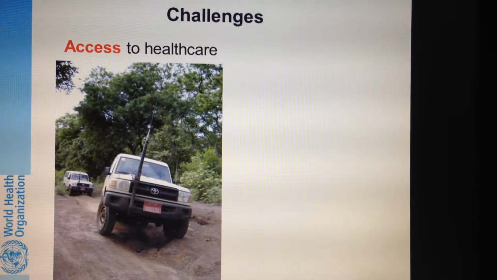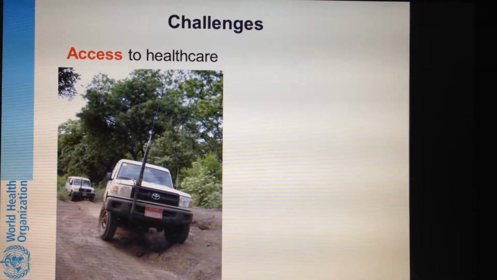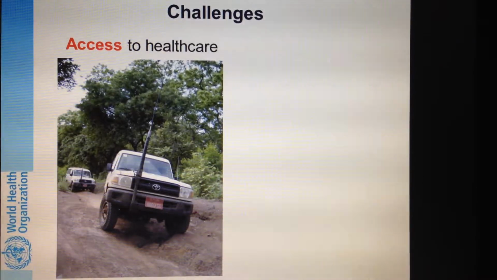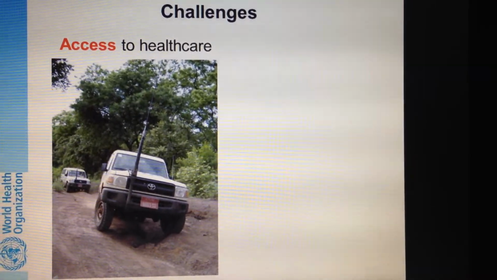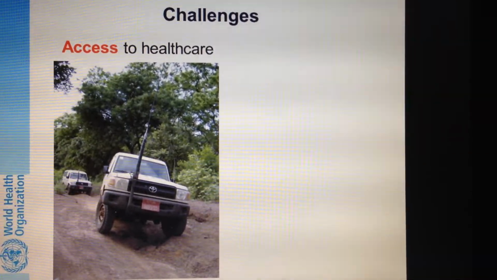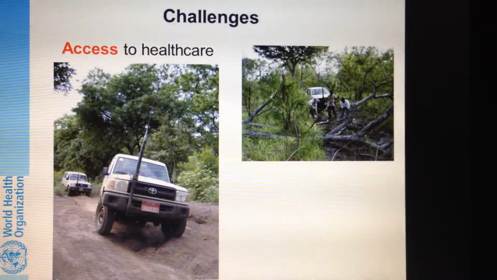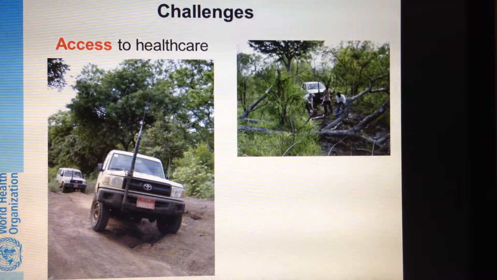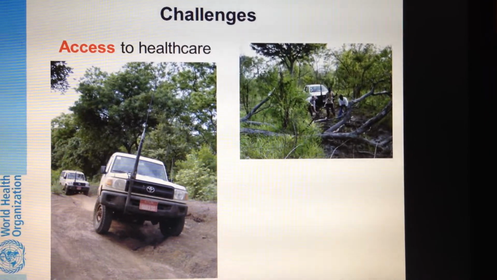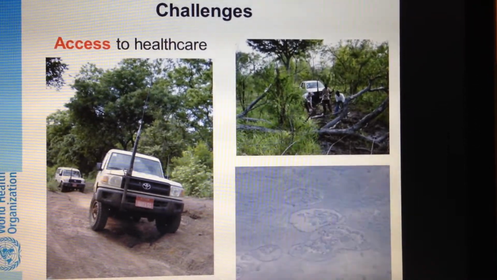This is one of the roads in South Sudan where we used to conduct active case search, active search of patients. We were going to the villages to look for patients, but sometimes, as you can see on the upper right image, we had to stop and clean ourselves the way to be able to proceed.